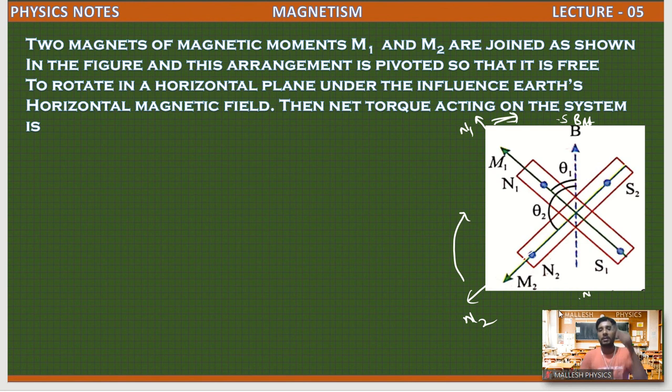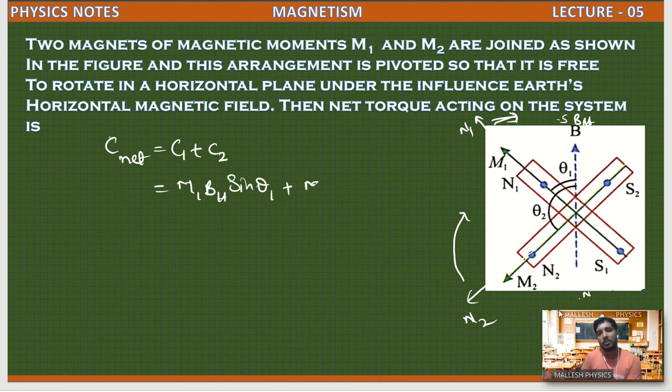Then the net torque C is equal to C1 plus C2, as both are moving in the clockwise direction. C1 is M1 BH sin theta 1, plus the couple acting on the second bar magnet, M2 BH sin theta 2. By using this relation, we can find the net torque or net couple acting on the system.